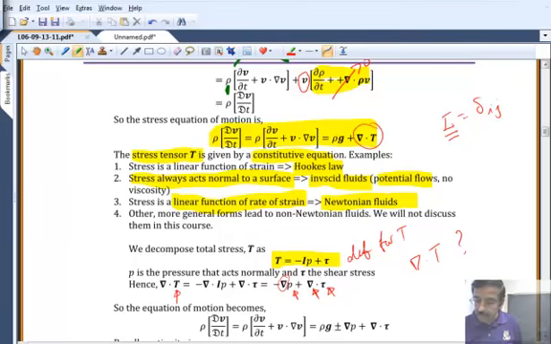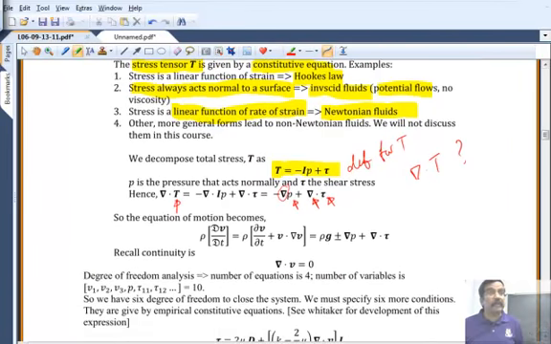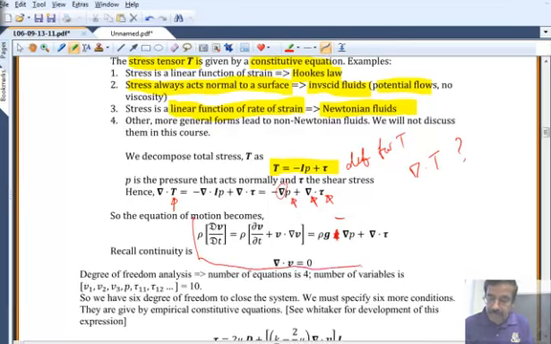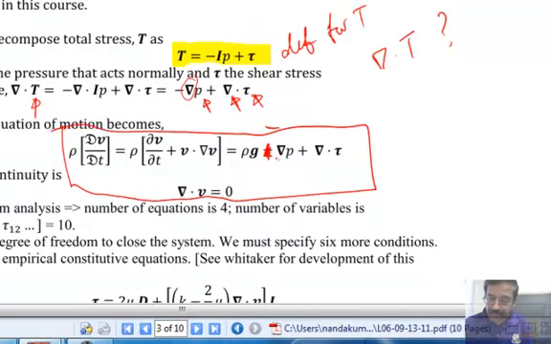You make that substitution, and beautifully, one by one all the terms pop out in the Navier-Stokes equation, the equation governing the fluid motion. Originally we had only, oh, this is an error. This should be just minus. So rho g minus gradient of P plus del dot tau. These are the equations that we have at this stage. This is a minus sign.